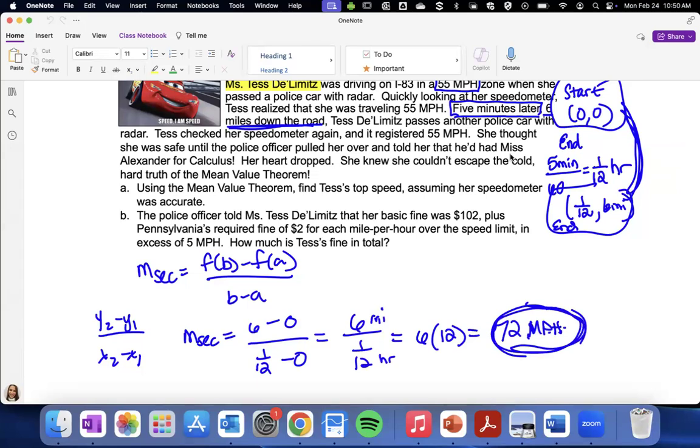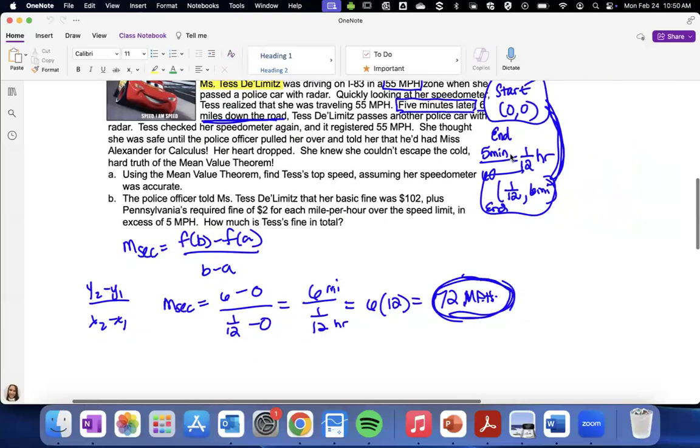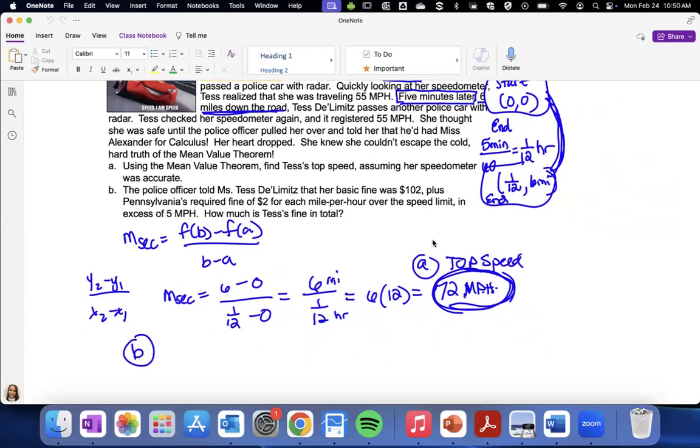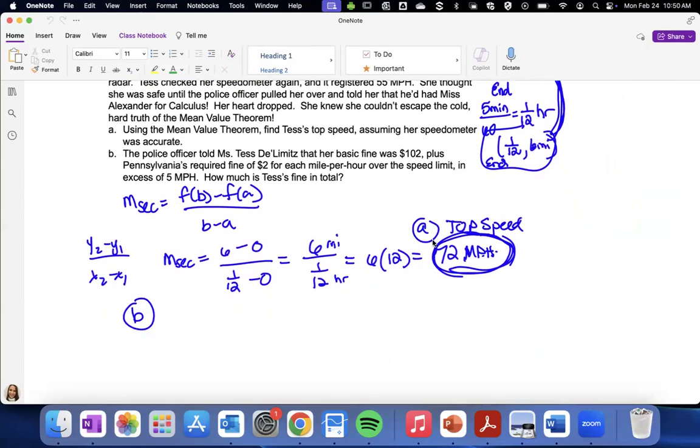Okay. So the next part is, what's her fine going to be? This is part A, her top speed. The next one is the police officer told Ms. Tess Delimits that her basic fine was $102 plus, did you guys know this? I actually looked this up. I try to get accurate information for you guys. Pennsylvania's current required fine is $2 for each mile per hour over the speed limit.